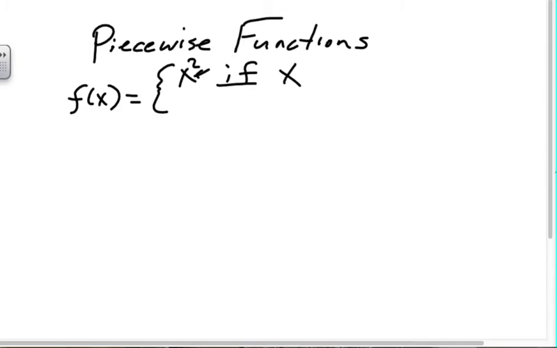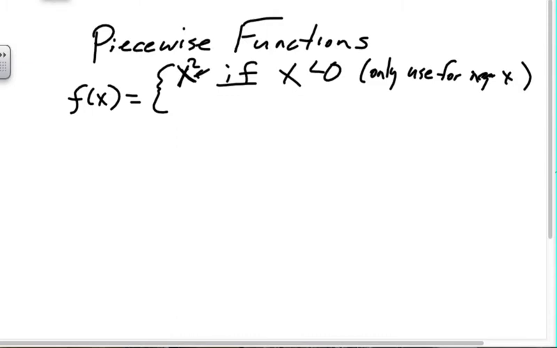So if x is less than 0. In other words, I only use this for negative x values. Okay? If x is not negative, then I don't use this function rule right here.